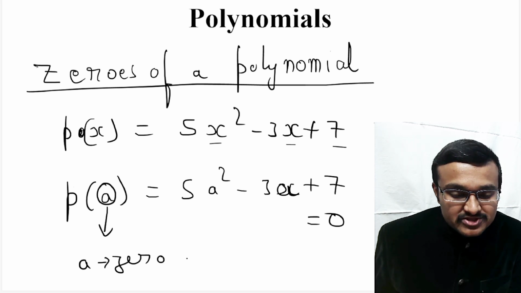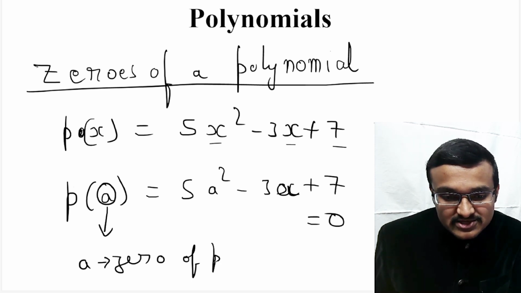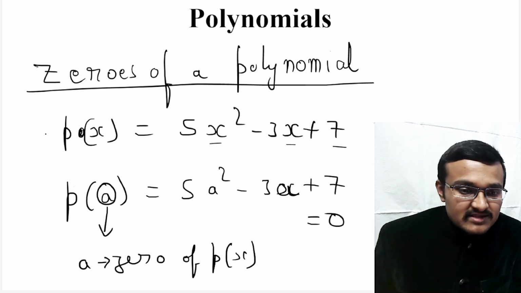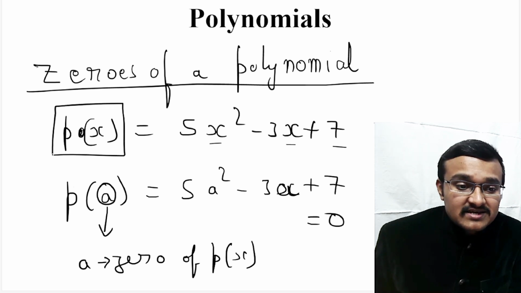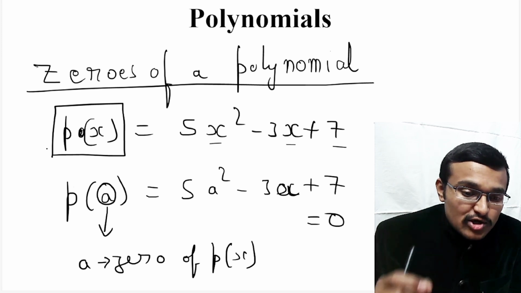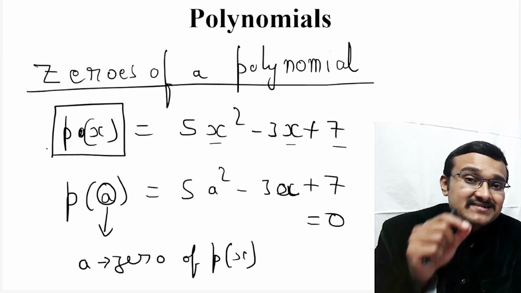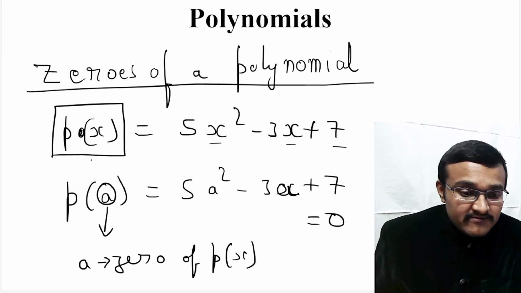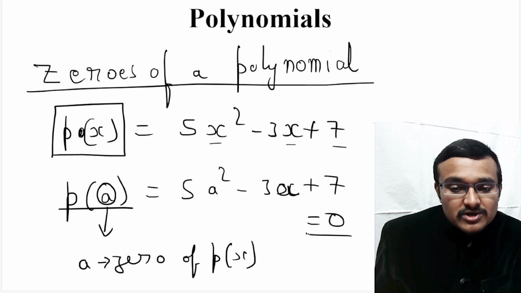So then this a is known as 0 of p of x. Here the polynomial we are considering is p of x. So the 0 of p of x is a if and only if p of a is equal to 0.